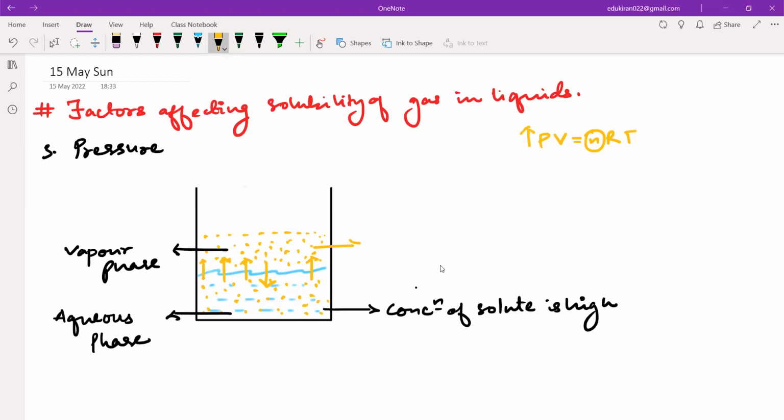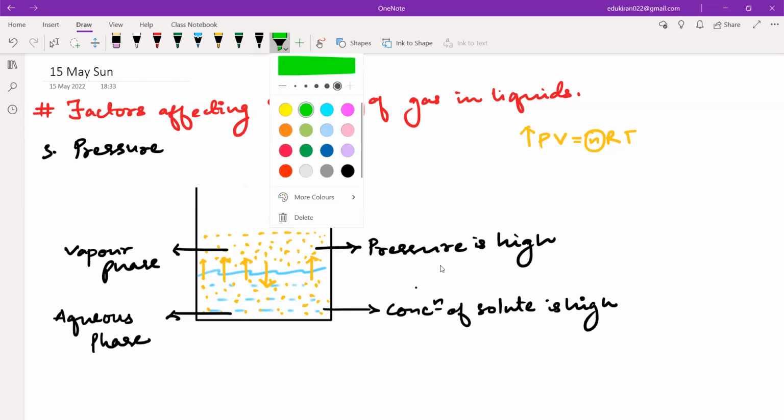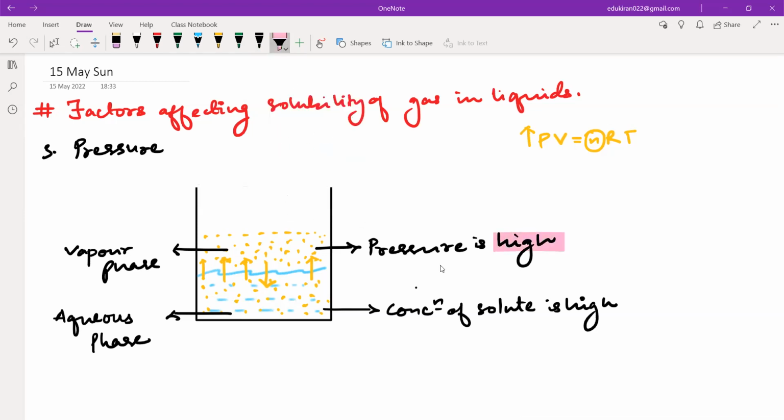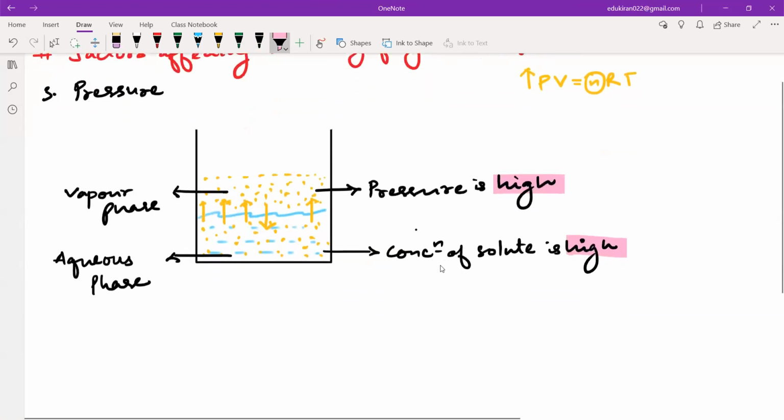So if the concentration of solute is high, then the pressure is high. Is that clear? The pressure will be high because we have a large amount of gas molecules. If we have a large amount of gas molecules, they will be moving very randomly and applying pressure on all the walls of the container. Correct? Yes, sir.